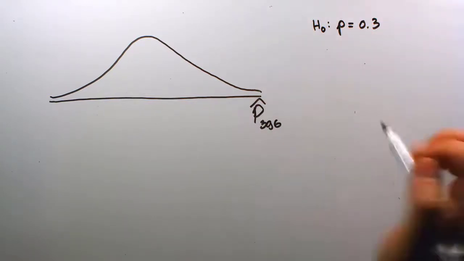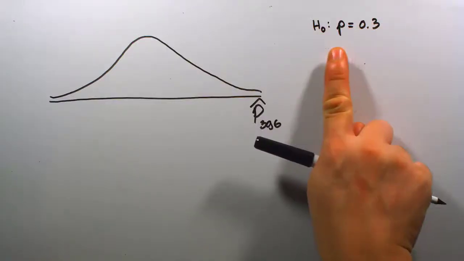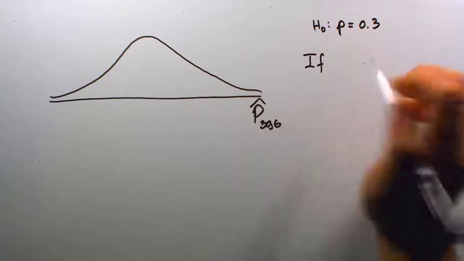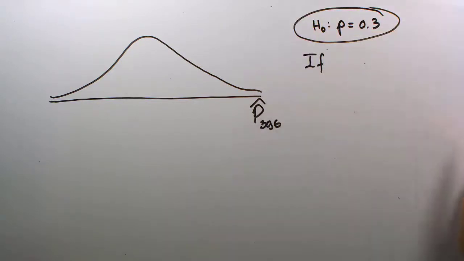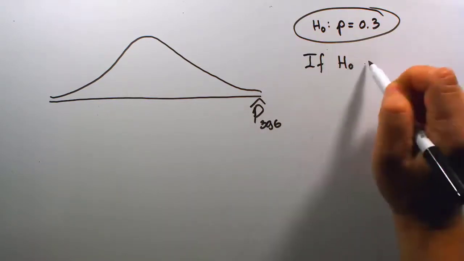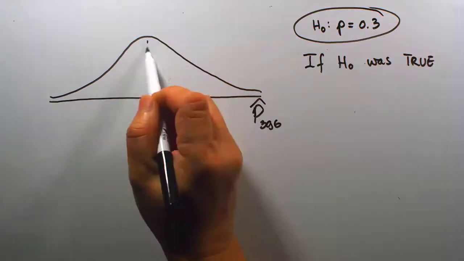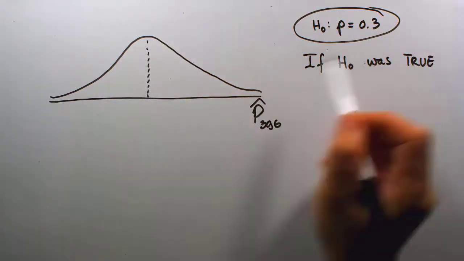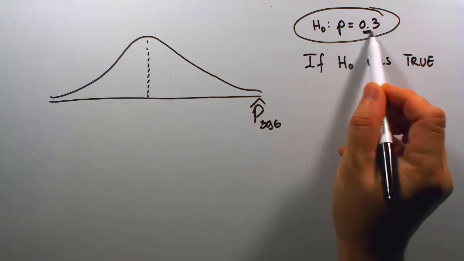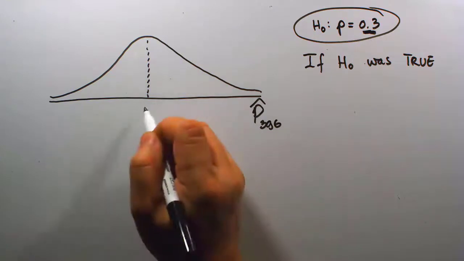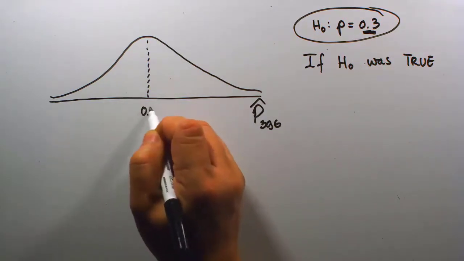And so in the beginning part of my explanation, I started explaining what if we let this statement be true? So if H sub 0 was true, meaning this claim, this value 0.3 being claimed in our null hypothesis, is now consequently the center of the bell curve.